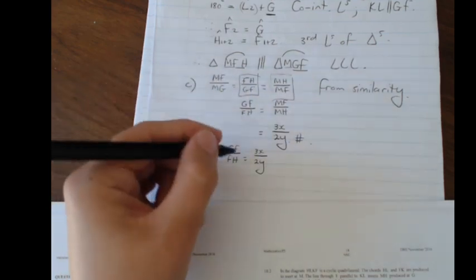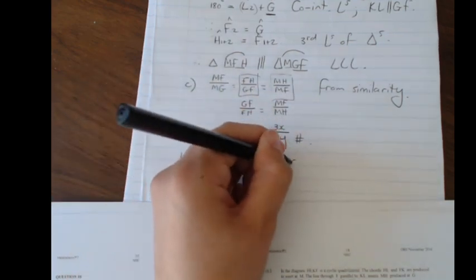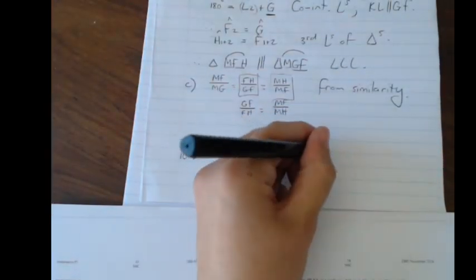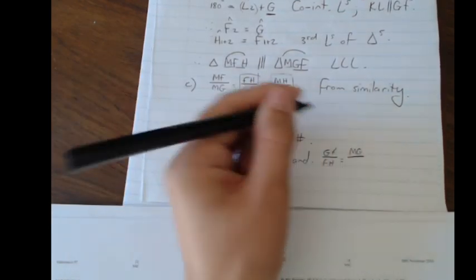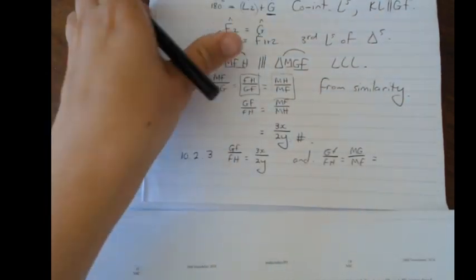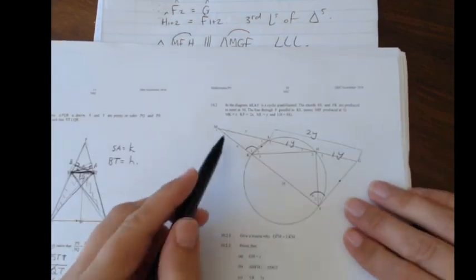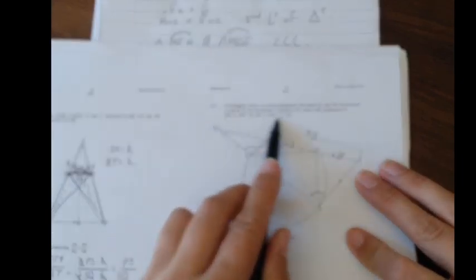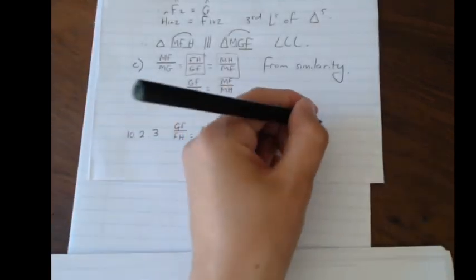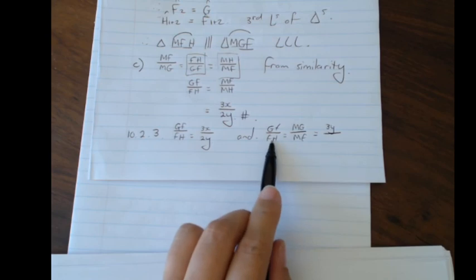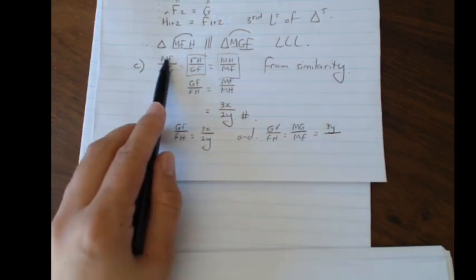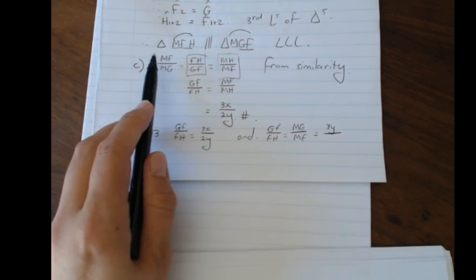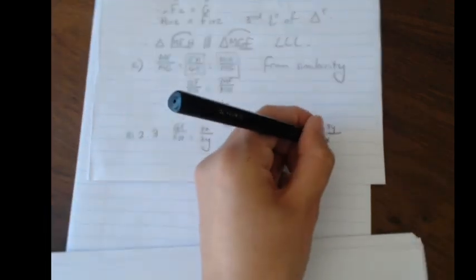GF over FH is also equal to MG over MF. MG is 3y, y and y and y, so MG is 3y, and MF is 3x, so 3y over 3x.